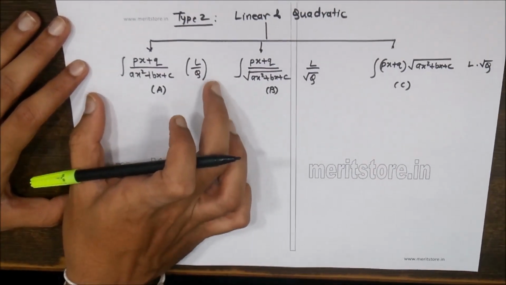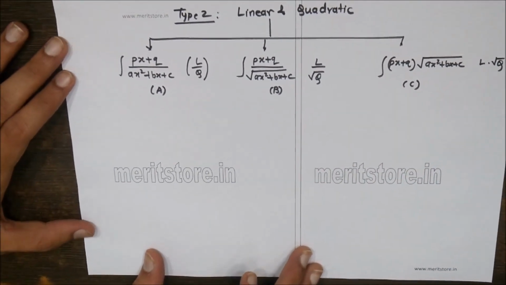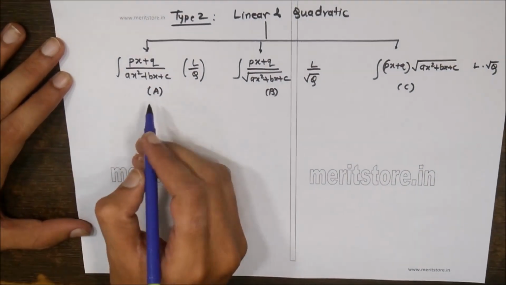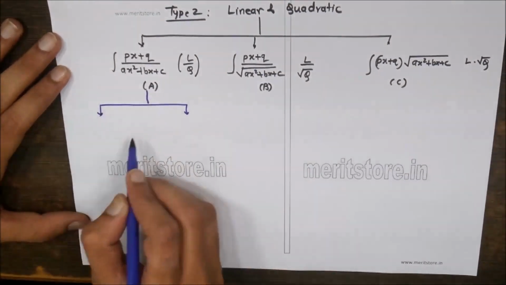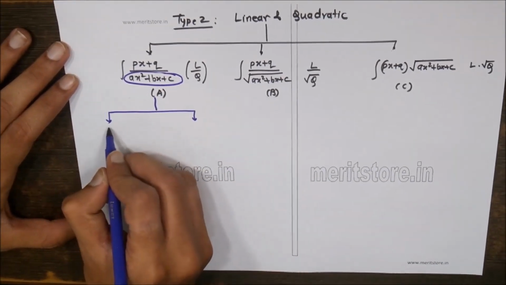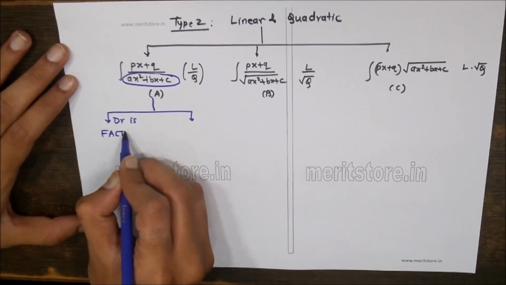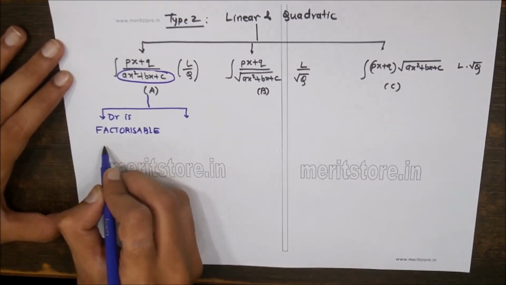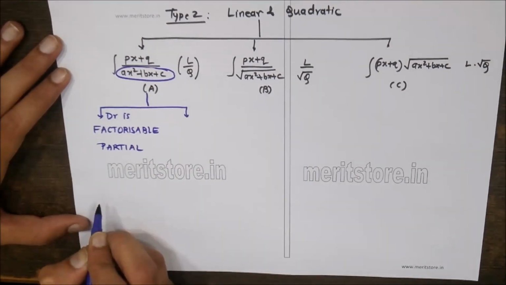Now let's focus on linear upon quadratic category. In this type, you should always first check whether the denominator is factorizable or not. The denominator, that means the quadratic I'm talking about. If the denominator is factorizable, always we'll be using the partial fraction, which I'll be doing in my next video.